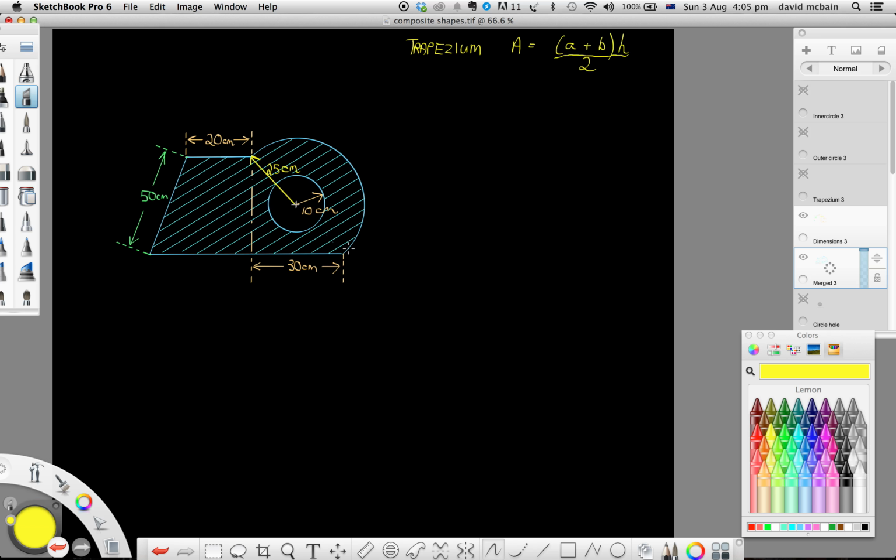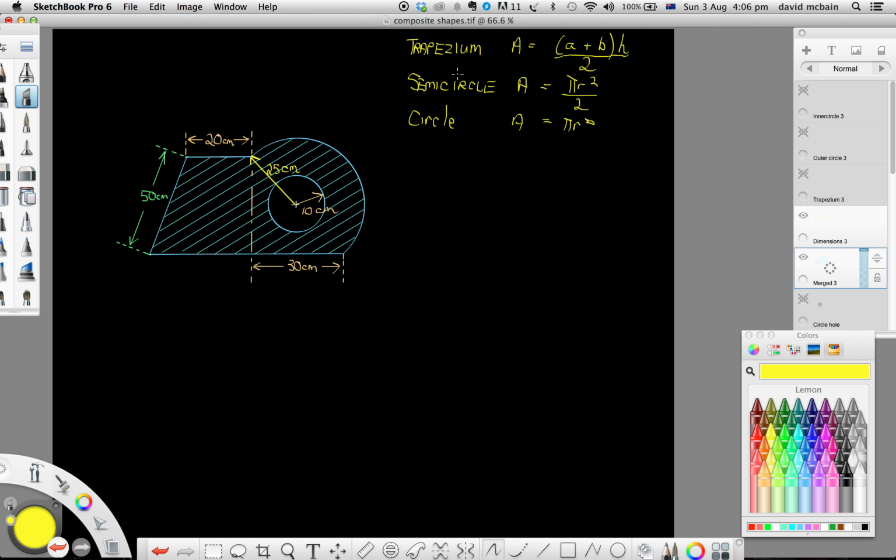The second shape was a semicircle, and the area of a semicircle is pi r squared divided by 2. And the final shape was this hole in the middle, a full circle, and the area of a full circle we know is pi r squared.